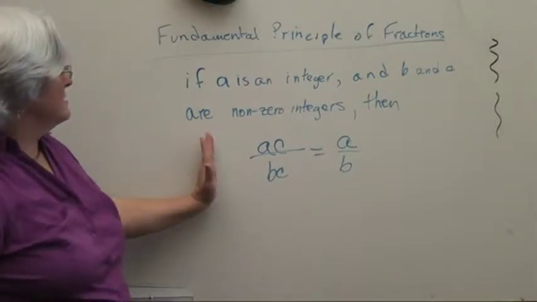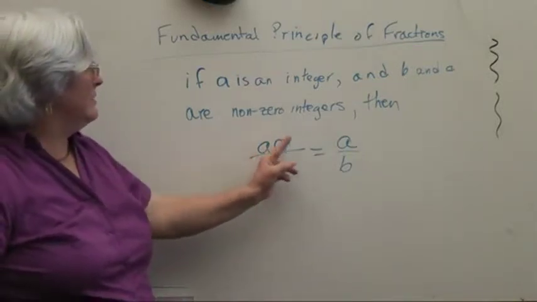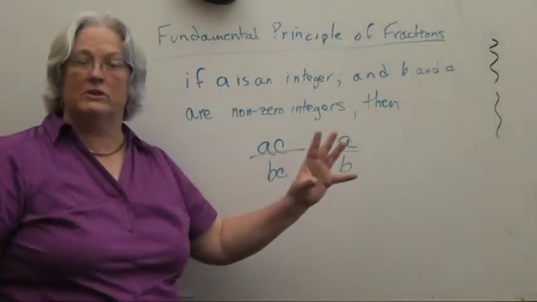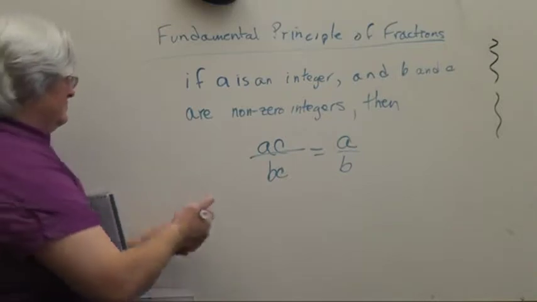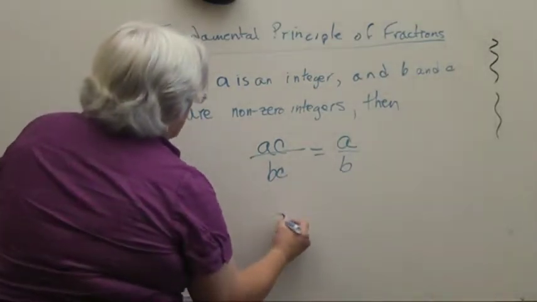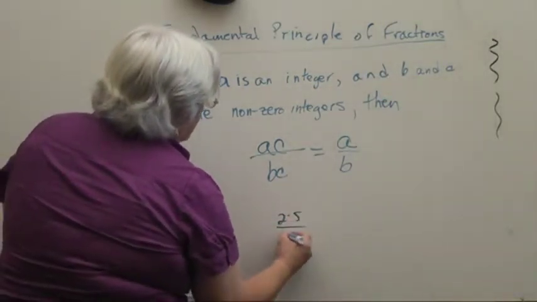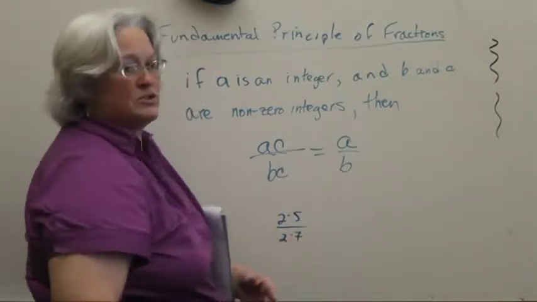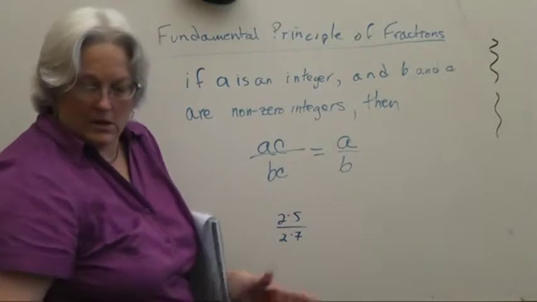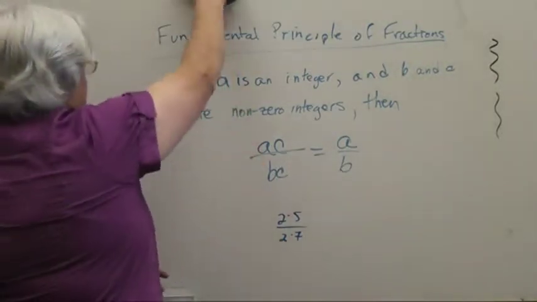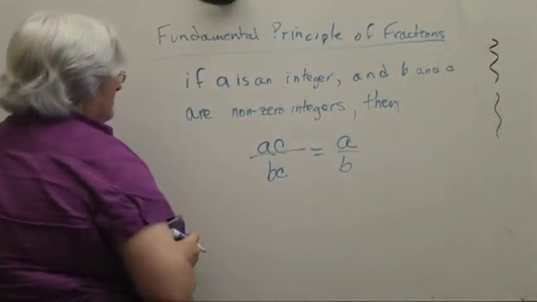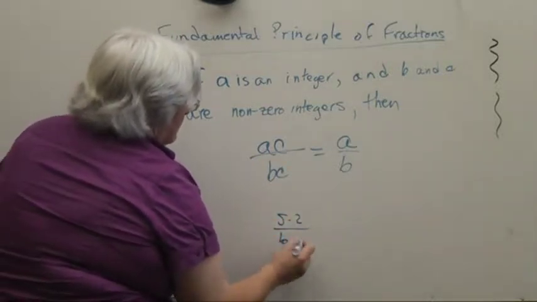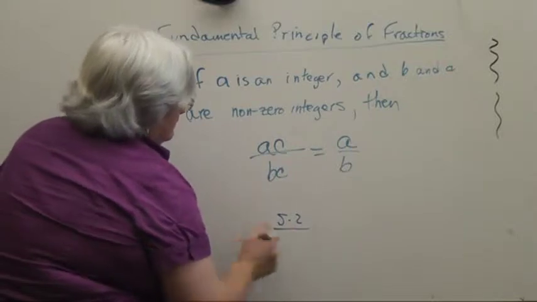What this tells us is that if you have a numerator and a denominator, and it's written as a product of factors, if you have the same factor in the numerator as you do in the denominator, and if this is confusing you that I wrote this in reverse order, let me say I have 5 times 2 over 5 times 7.